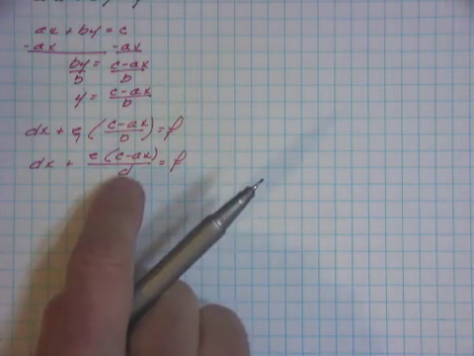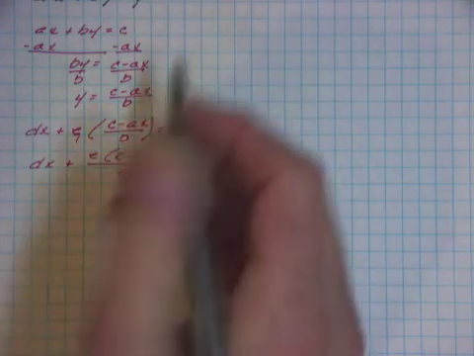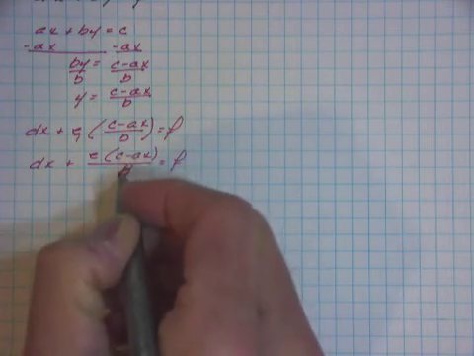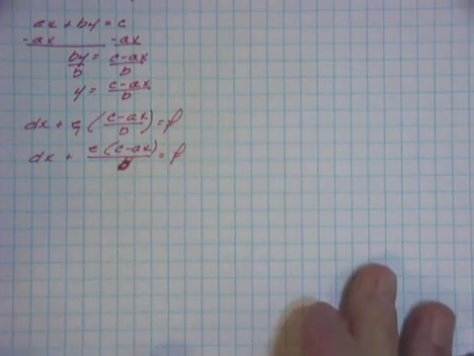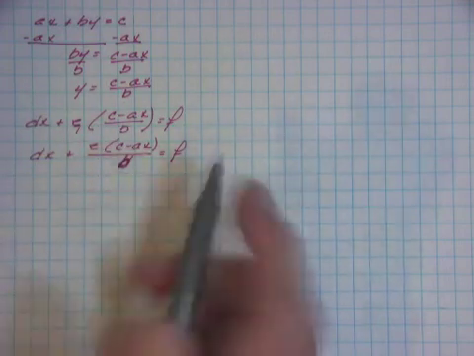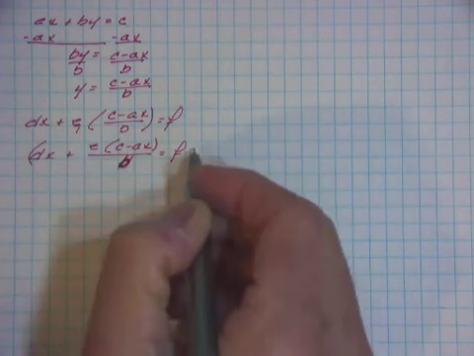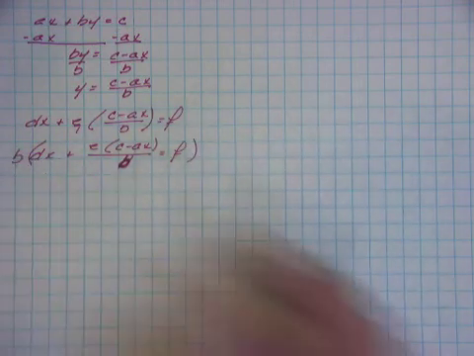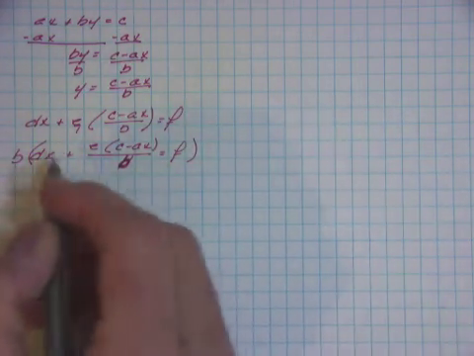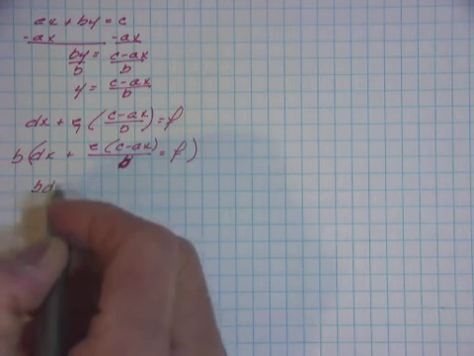Now I want to get rid of the b in the denominator. Sorry, I said d at first, but that's a b in the denominator. Hope that didn't confuse you. So I'm going to multiply the whole equation by b, okay?